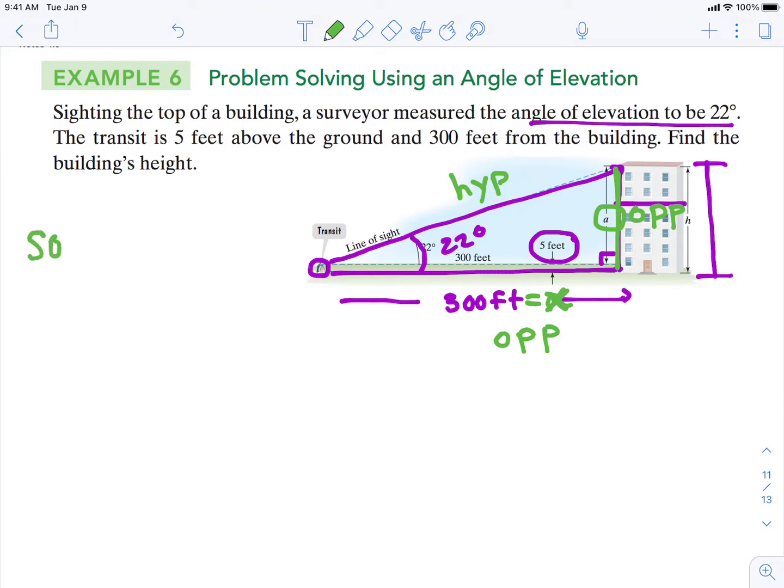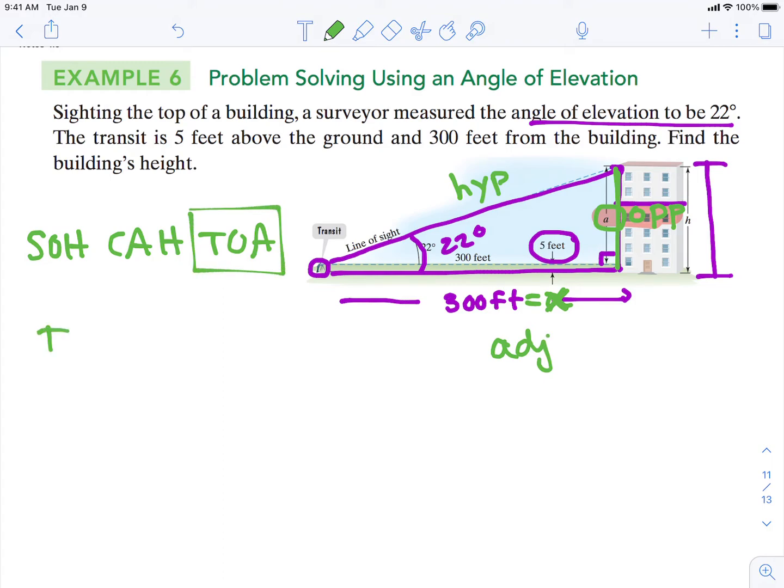If you remember SOH CAH TOA, we want to work with side opposite and adjacent. So we're going to choose the tangent function. The tangent of an angle is found by side opposite over adjacent.